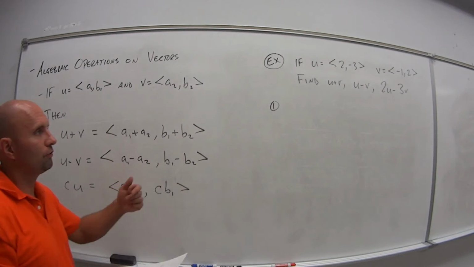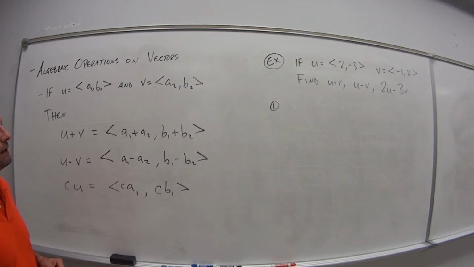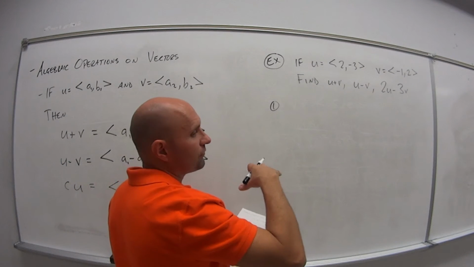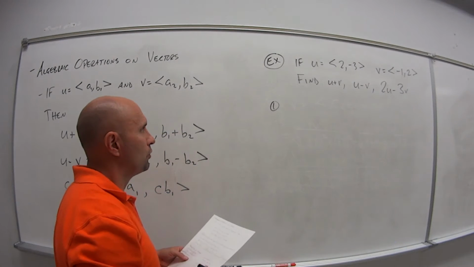So if you want to try those, go ahead. The first two you can probably get pretty straightforward. For the third one, we have that scalar multiplying both of them, then we have to take the difference. So if you want to do it yourself, go ahead and pause. Otherwise, I'll work them here.